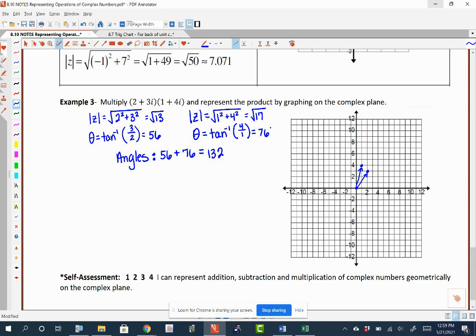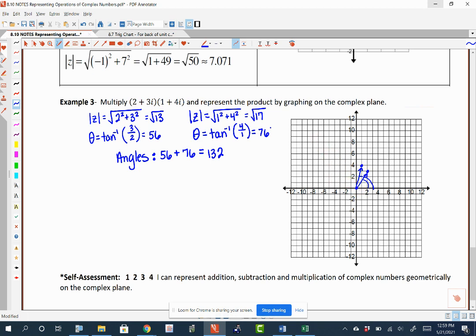Let's think about this for a second. If my first vector was rotated 56 degrees, that makes sense there. My second one was about 76 degrees, so together we have a 132 degree rotation when we multiply these together, which is going to take us into that second quadrant.